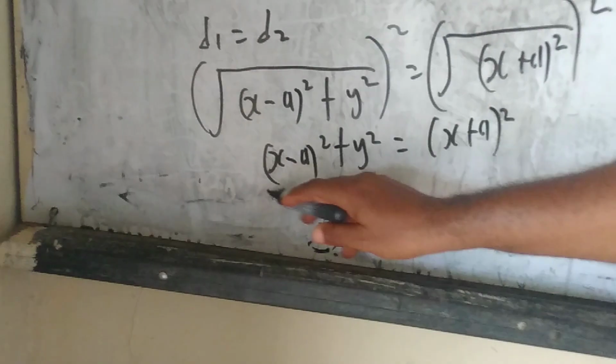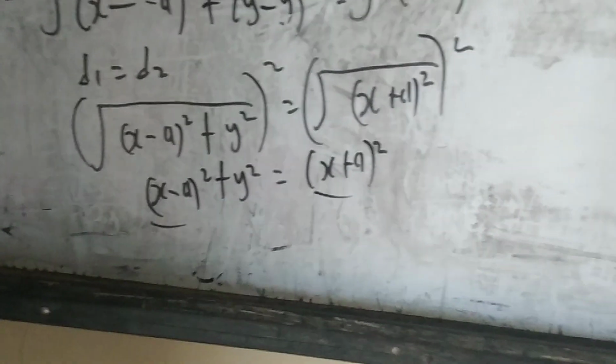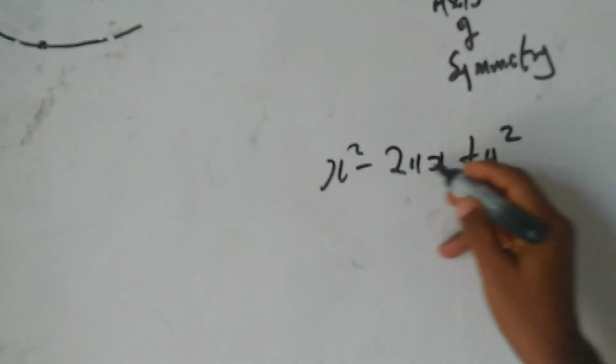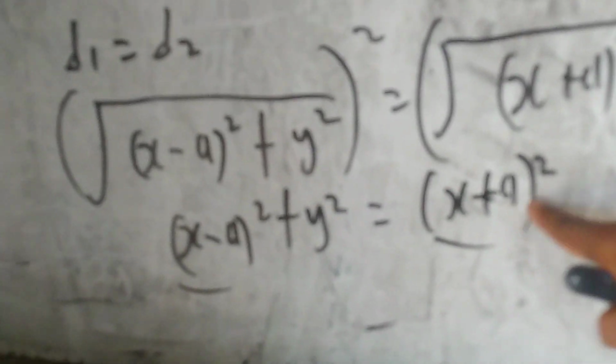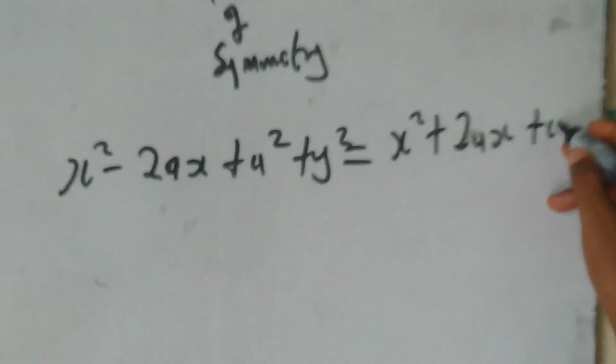Now, I want to expand this and this one. Expanding this one using the binomial theorem will give us x squared minus 2ax plus a squared, then plus this y squared that I have here is equal to, by using the binomial theorem for this one too, x squared plus 2ax plus a squared.